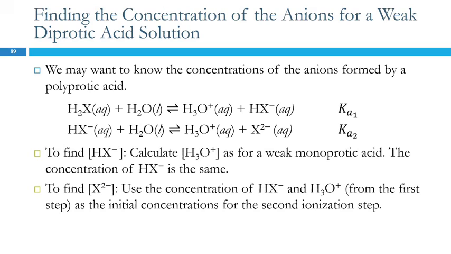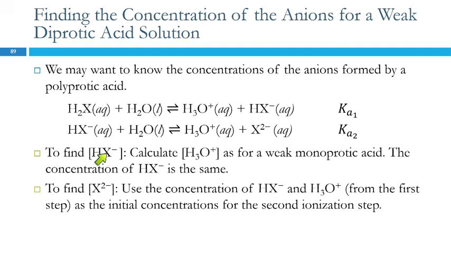So we may want to know not just the pH of this polyprotic acid, we might want to know what the concentrations of the anions are. So here's our diprotic acid with its first ionization to make HX minus, and here's the second one to make X2 minus, 2 equilibrium constants.